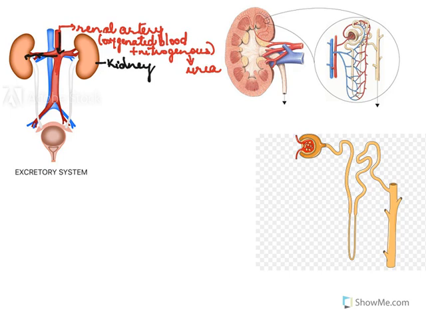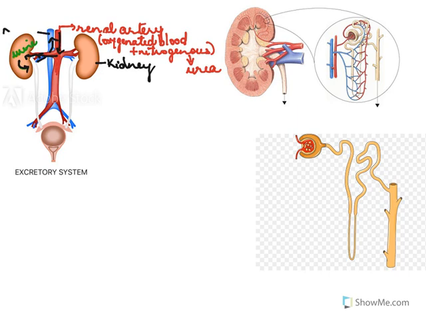In the kidney, the urine formation takes place. So urine is formed, and after the urine is formed and the nitrogenous waste is removed, the blood then flows back, is taken back by the renal vein.